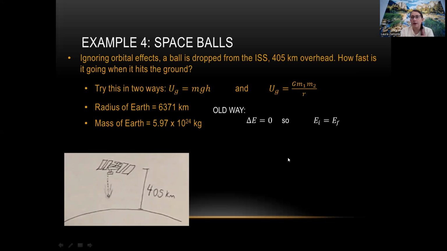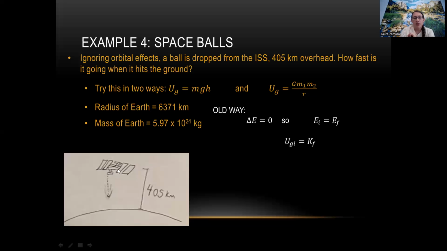So here's the old way, the way that we had been doing it, which should seem familiar to us. The change in energy due to outside or other forces is 0. So we're not considering friction, we're not considering air resistance. Energy is conserved, so our initial energy equals our final energy.